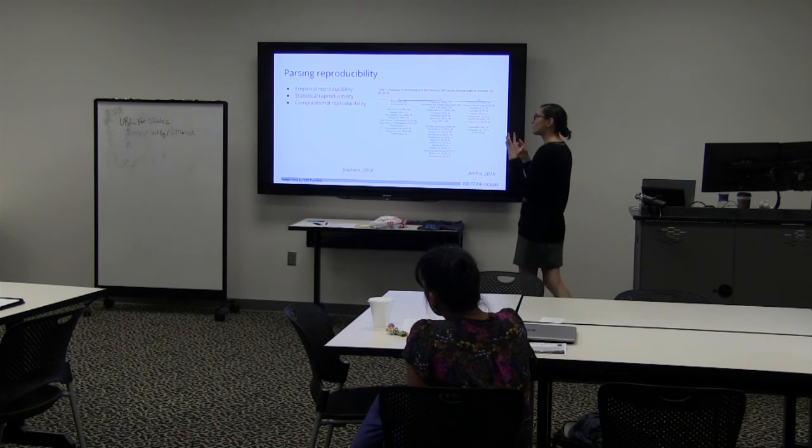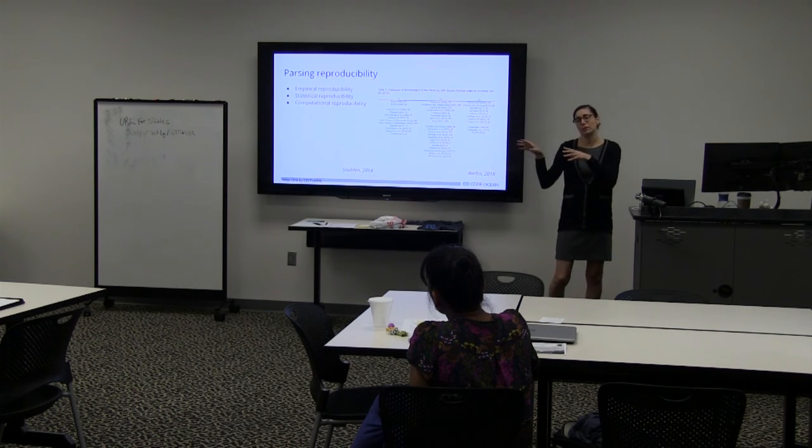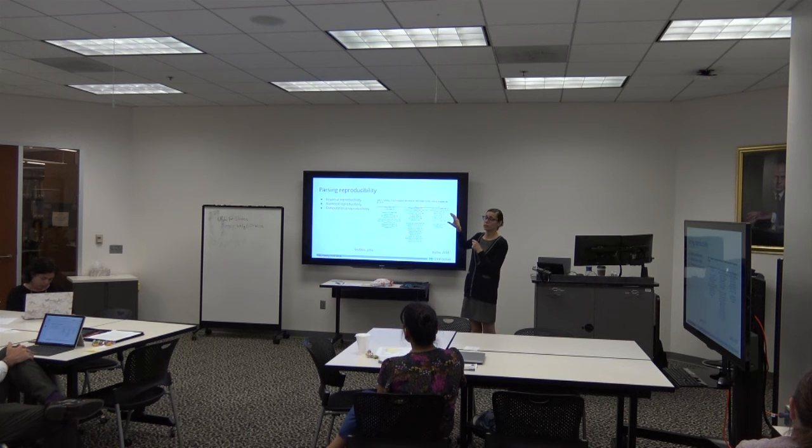So you'll find that I spend quite a bit of time on computational reproducibility today, and that's because it is the foundation upon which the other types of reproducibility are built. And it's also because one of the platforms I'm going to show you and that you're going to work with is CodeOcean, which is the company that I work for, and they focus on computational reproducibility.